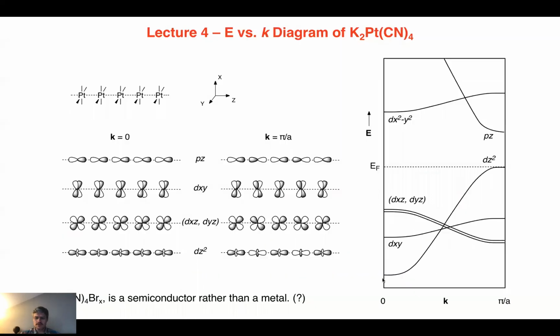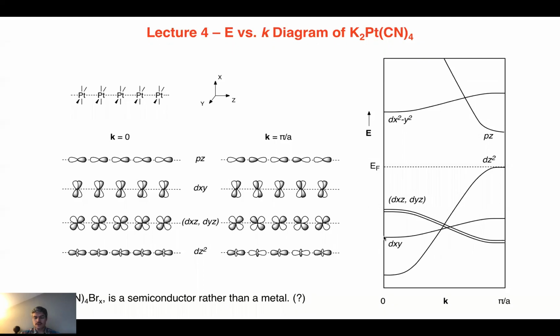As you go from 0 to pi over a, the energy varies. The dz squared goes from the all bonding one to the all antibonding one. dxz and dyz start off all antibonding and then drop down to all bonding. xy is one of these delta symmetry orbitals, this guy here.